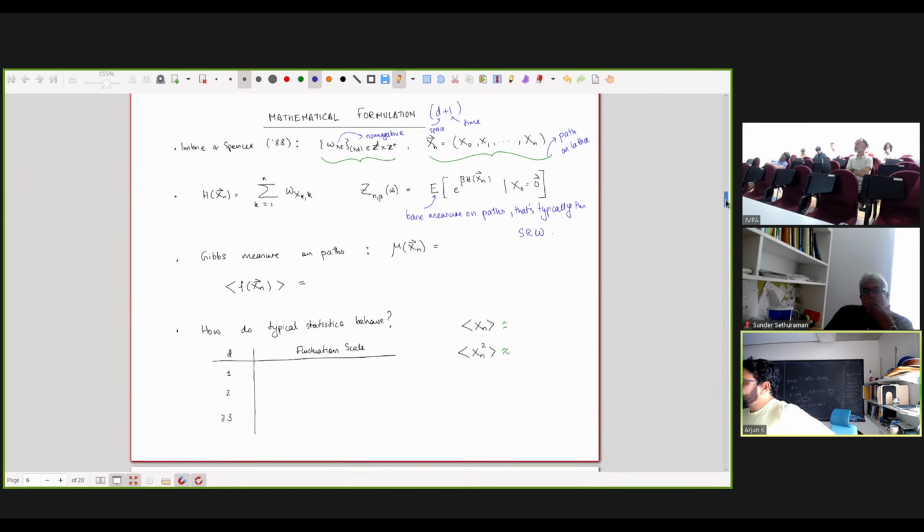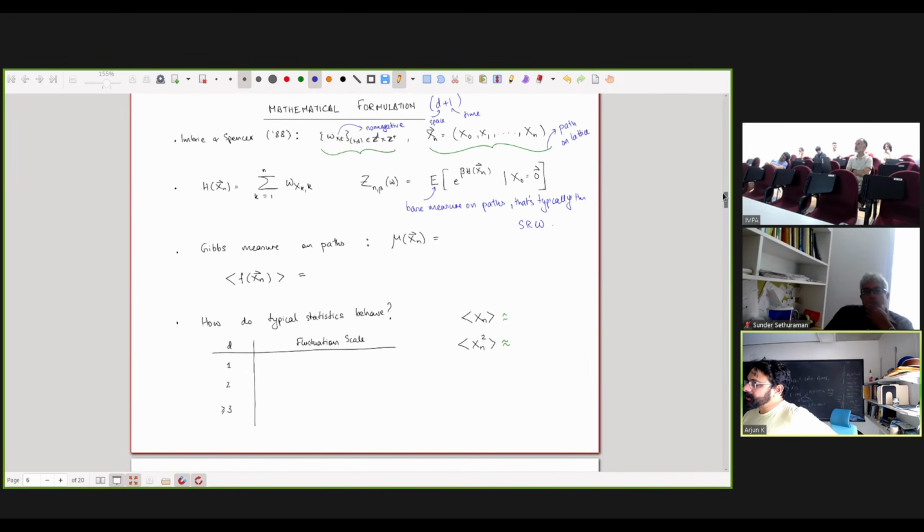And so using the partition function, we can define the usual Gibbs measure, which is of the form e to the beta H of x_n divided by the partition function Z_n(beta).